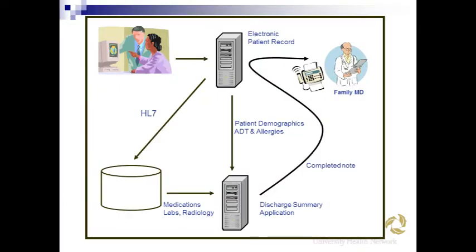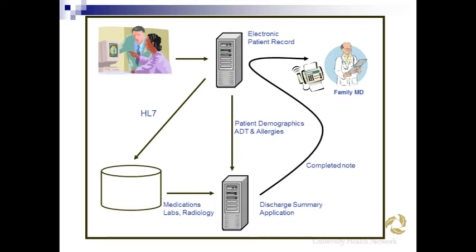Architecturally, this is essentially how all of our applications work. The application is separate but integrated with our electronic patient record. So it launches from the electronic patient record and passes across demographics and allergy information. The notes applications can then also pull information that exists already within our clinical data repository, such as the medications, labs and radiology information.